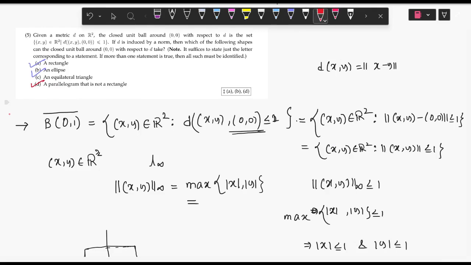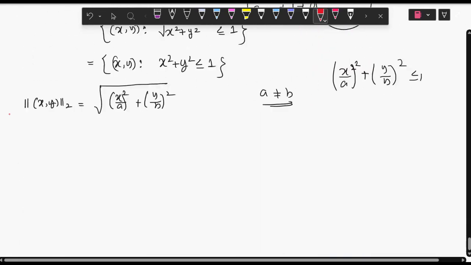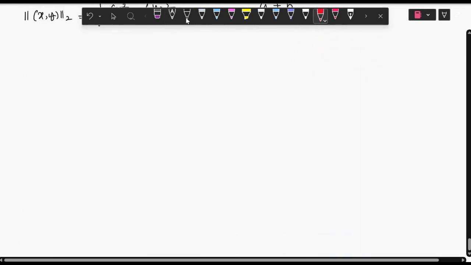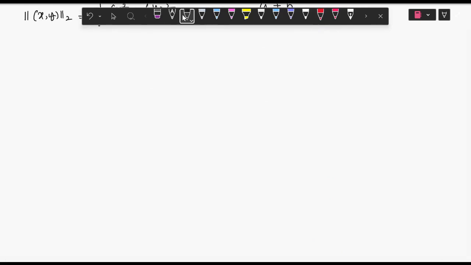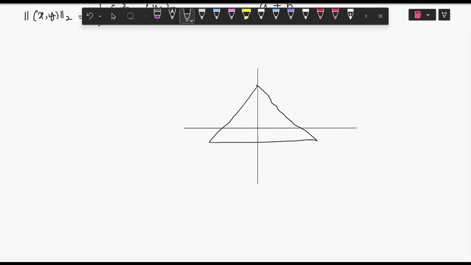Now, moving on to option C, an equilateral triangle. Is that possible? Let us consider a case. These are our axes. Now, suppose this is an equilateral triangle like this.